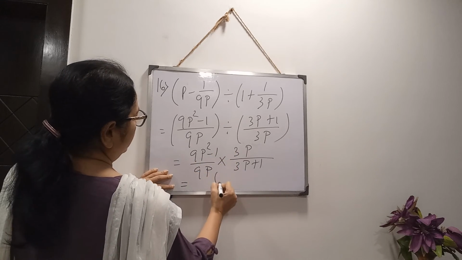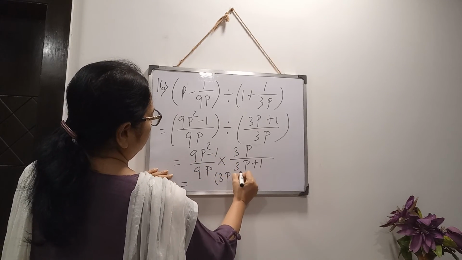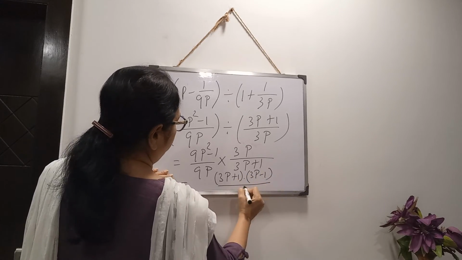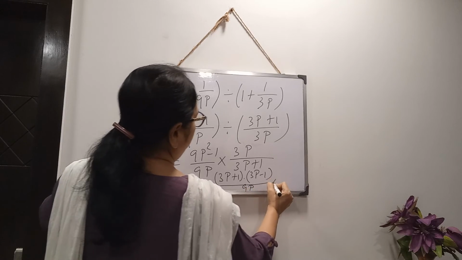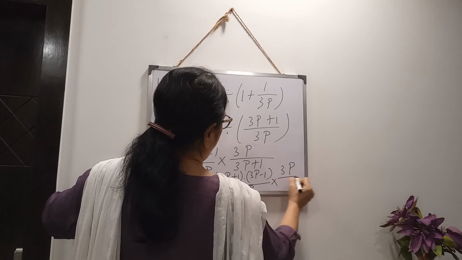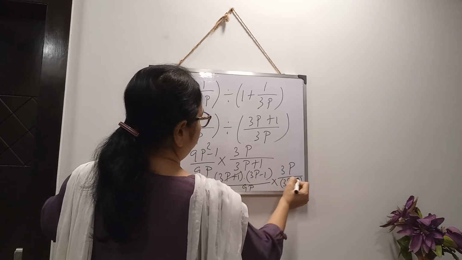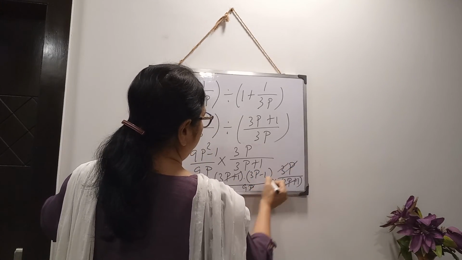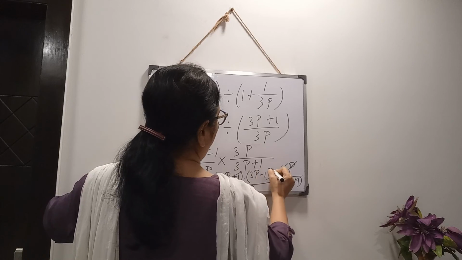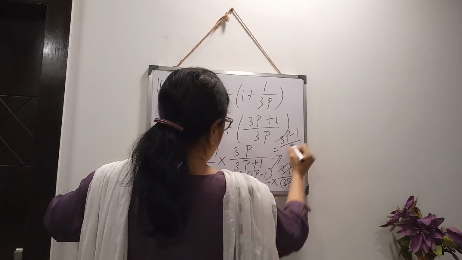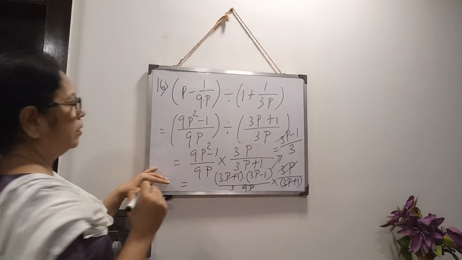So we can write 3p plus 1 into 3p minus 1, a square minus b square formula, by 9p into 3p by 3p plus 1. This and this cancel out, p and p cancel out, 3 3s are 9. So your answer is coming 3p minus 1 by 3. This is the answer.